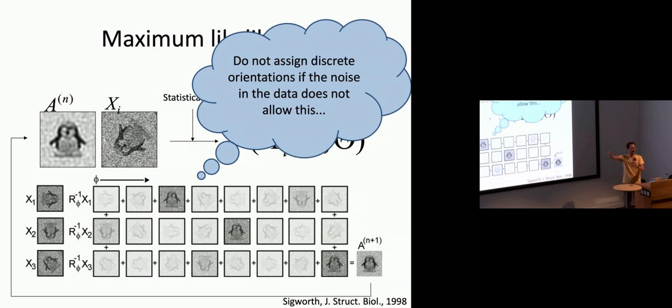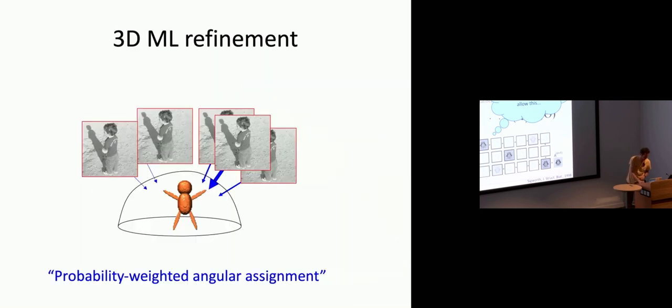Hopefully later on, when the reference becomes a bit better, we might be able to distinguish the two possibilities. This happens in 3D just as well, where one image will now be spread out over a whole range of orientations, because of the noise I might not be able to tell whether this is a view from the left or the right top, for example.